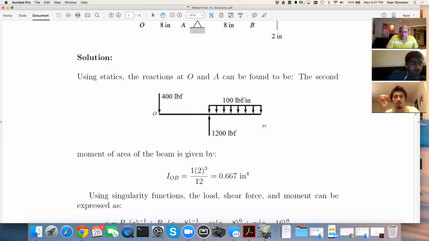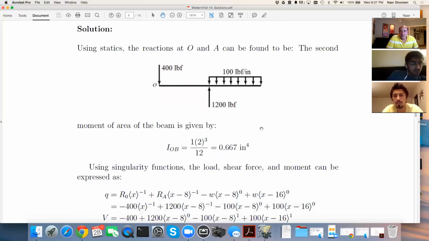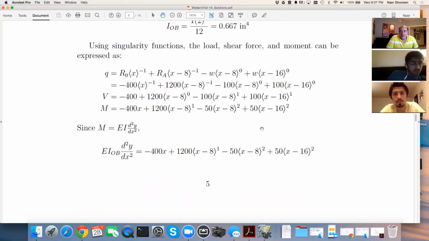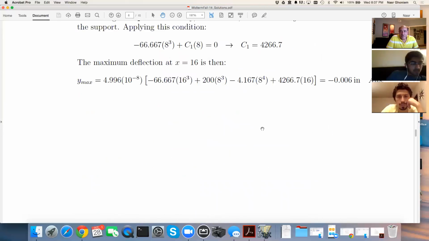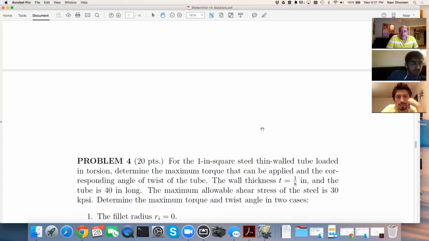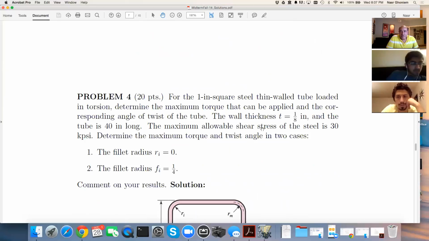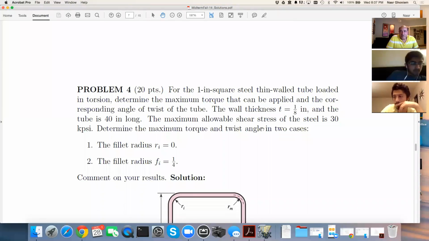So you have to test it maybe at the end first. Instead of taking derivatives, you get it at the end, and then you can get it in the middle right here or close to the middle. But in this case, at the end, it turned out to be the maximum deflection. So that's the deflection problem that we have.